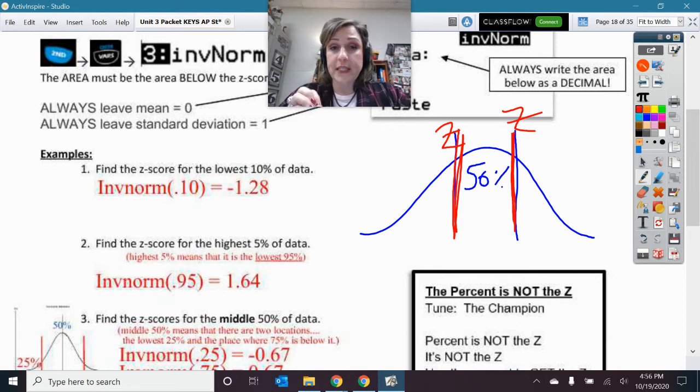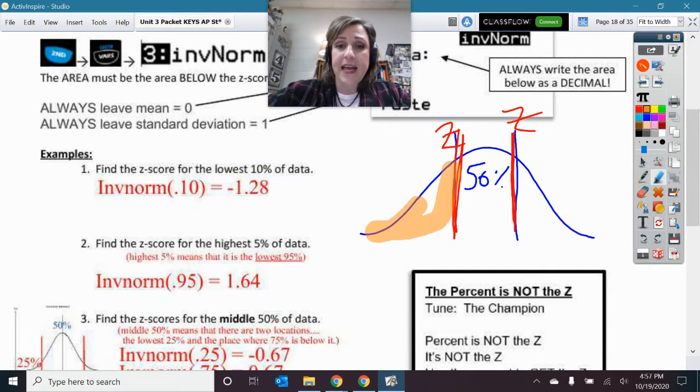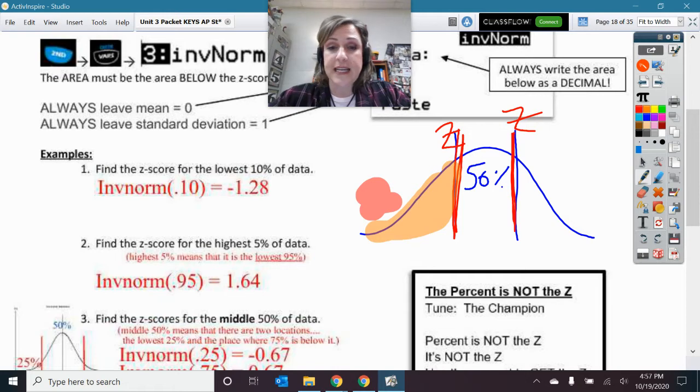We need to know how much area is below each of those locations. If I have 50% in the middle, then I know there's 25% on each of the outside edges. So I've got 25% down here below this z-score.